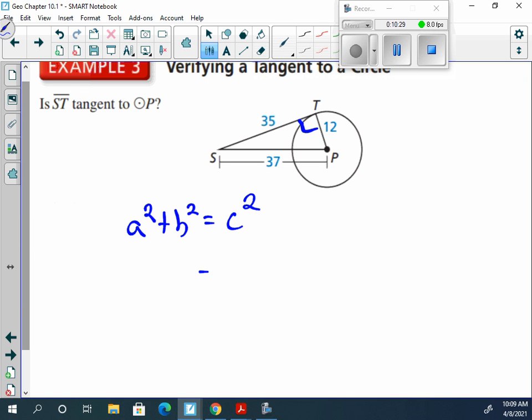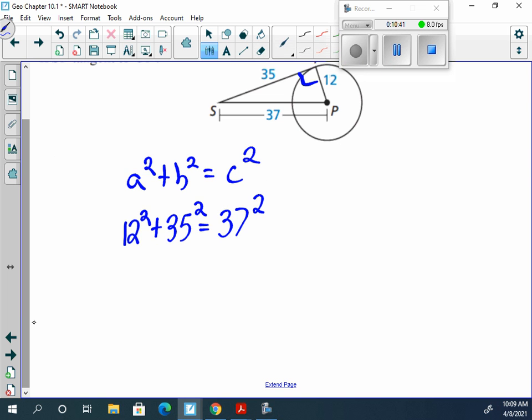So what would the hypotenuse for this triangle be? And our two other sides would be 12 and 35. Now, if 12 squared plus 35 squared equals 37 squared, then this is a right triangle.